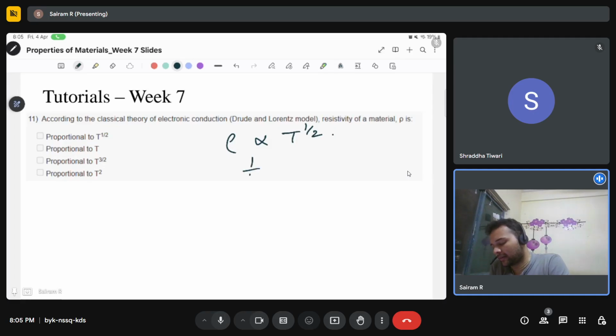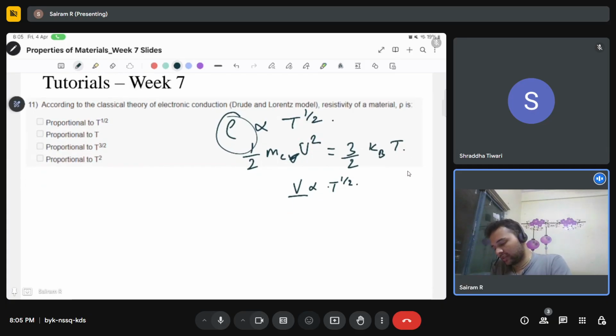They knew that half m v square is the kinetic energy, which also equals 3 by 2 k_B T. So from here, they knew that the velocity is proportional to T power half, and we saw that we can derive an expression connecting the velocity and the resistivity of materials. So the resistivity is also proportional to T power half, right?